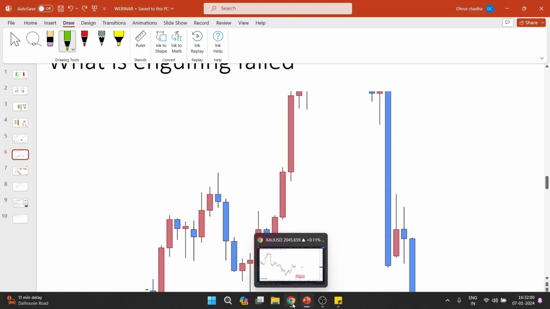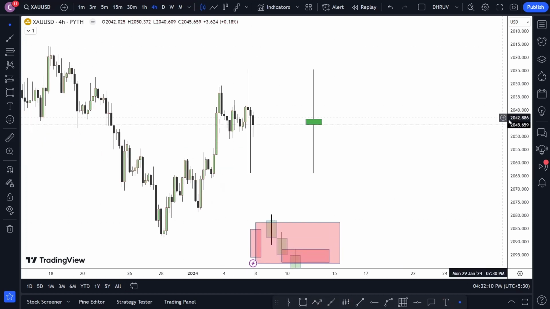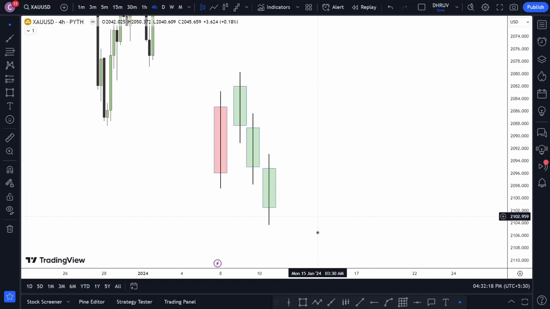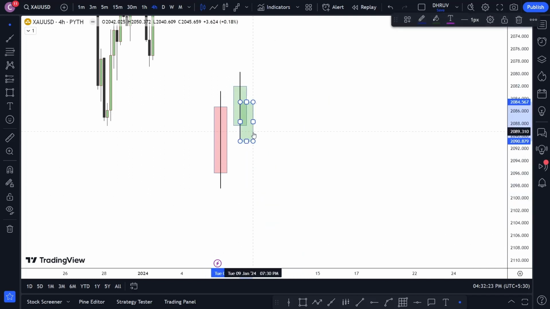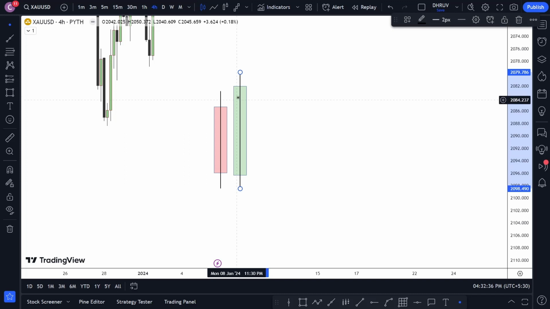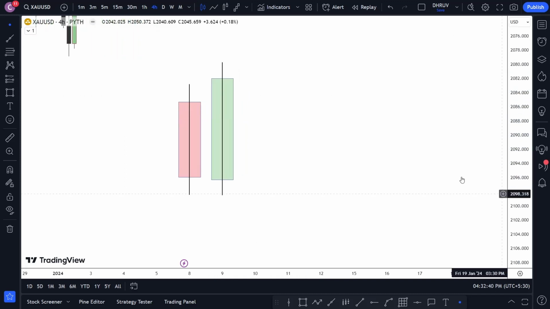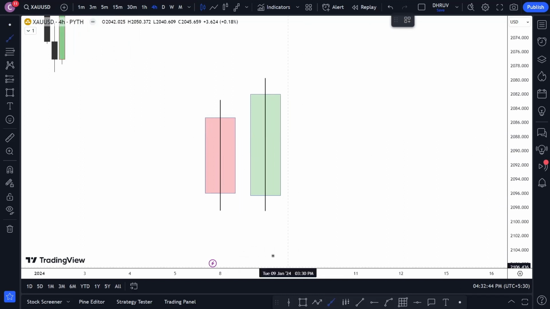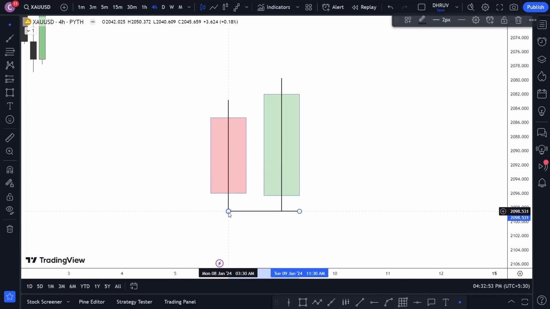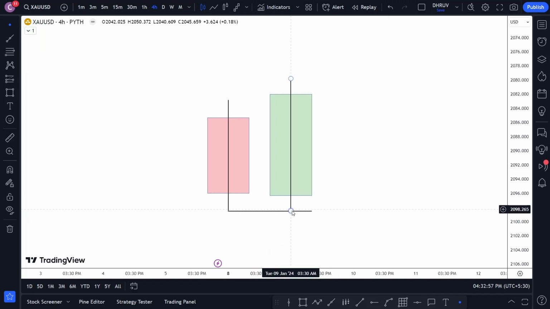Okay, let me mark this up. So here's something to keep in mind: in the case of a perfect bullish engulfing, the low of the previous candle can be engulfed at the same exact area.